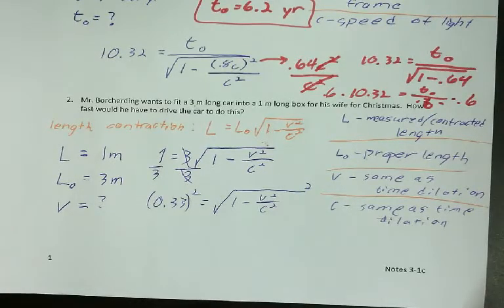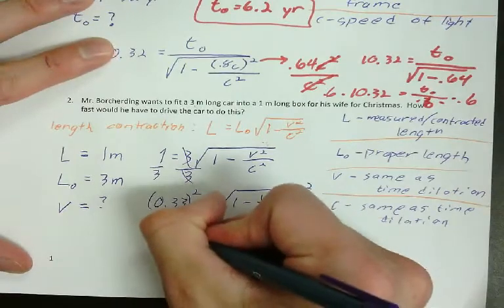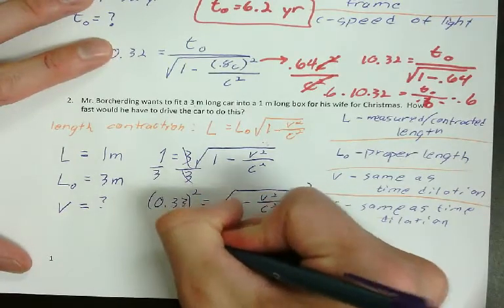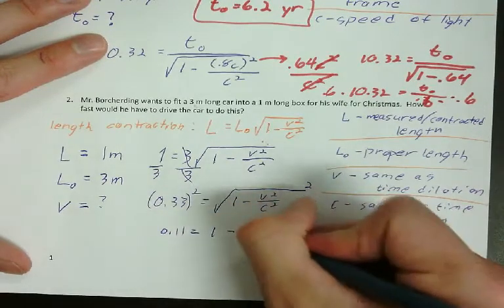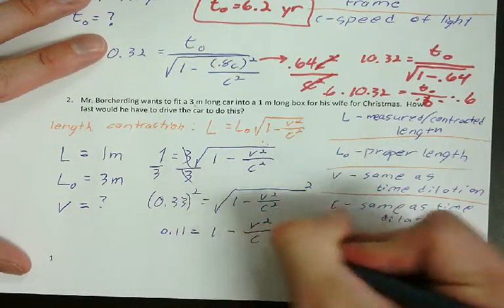So this is 0.11 repeating equals 1 minus V squared over C squared.